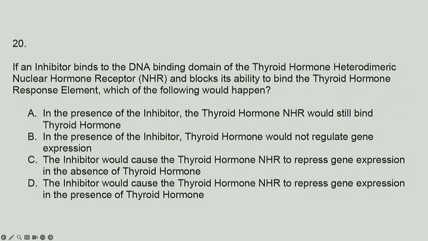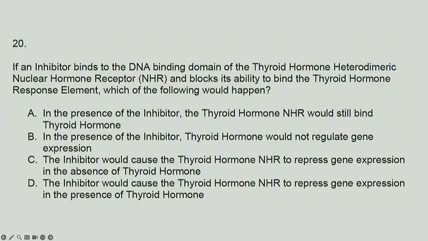Is it going to repress gene expression? Well, it's not repressing it, right? Because it's not binding it anymore, right? So the inhibitor is not going to cause the thyroid hormone NHR to repress gene expression.